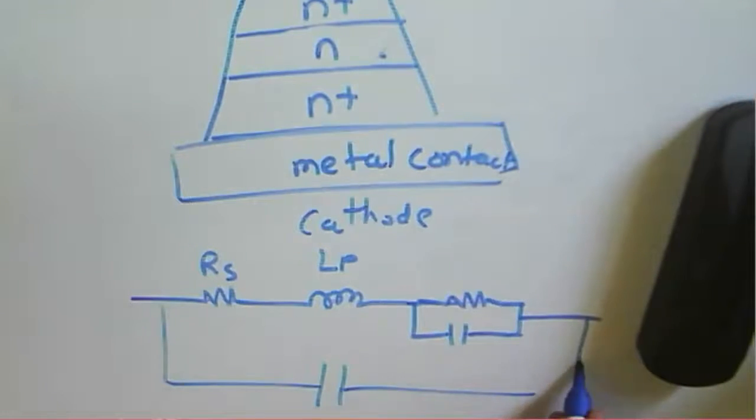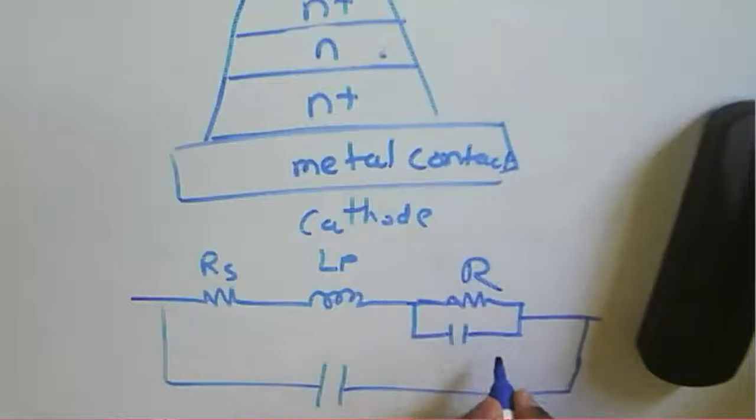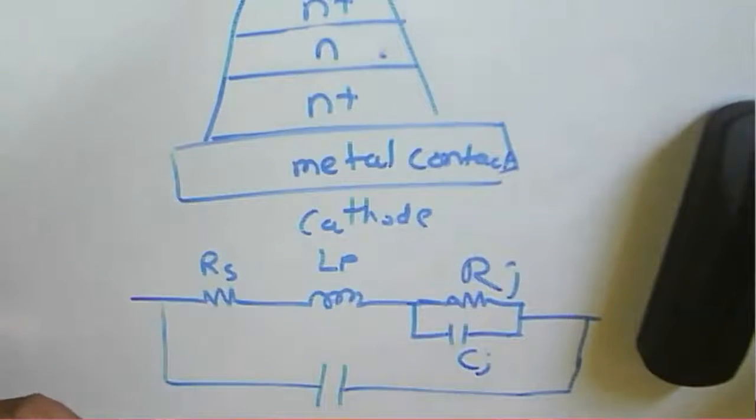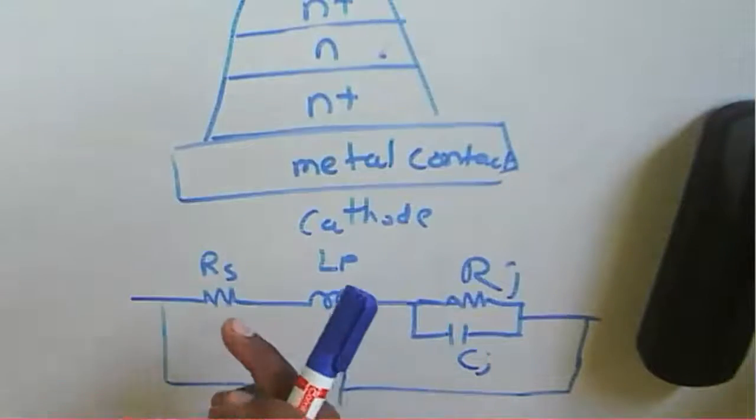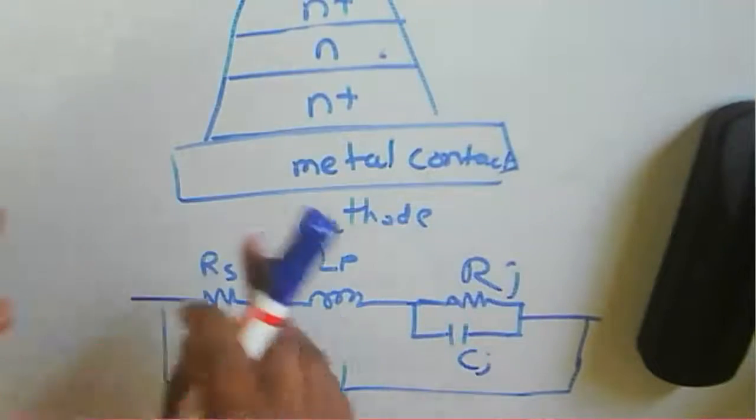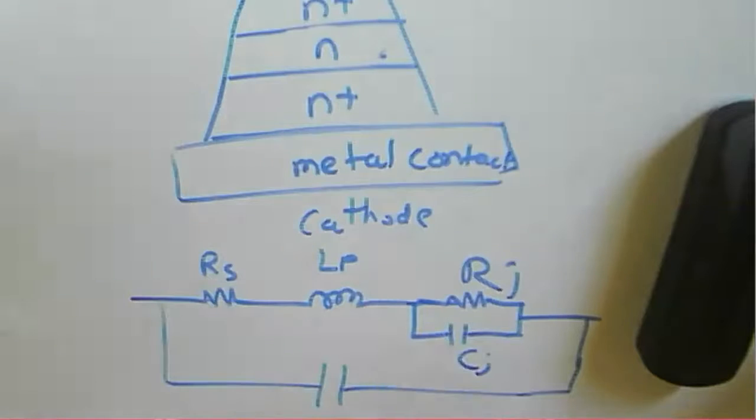Here we have junction capacitance and junction resistance. For the metal contact there will be lead inductance and resistance, and across that there will be a plate capacitor.